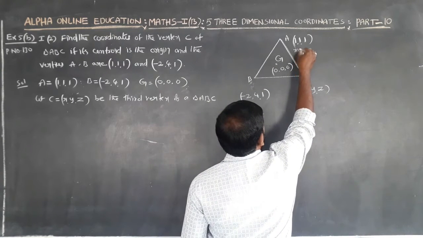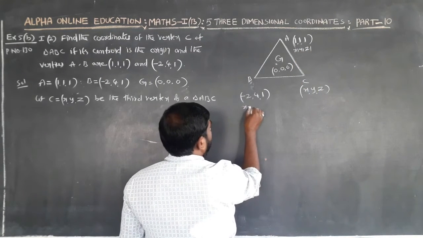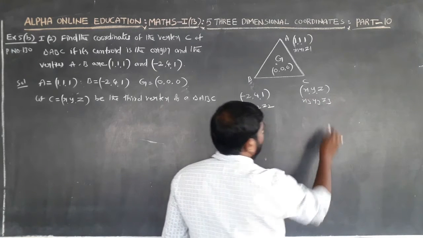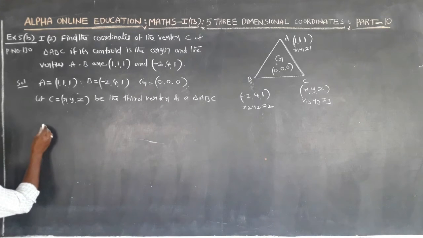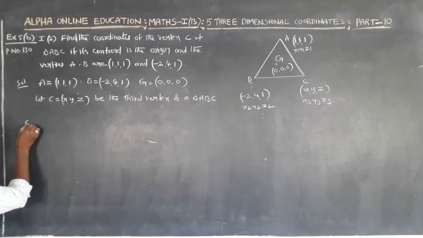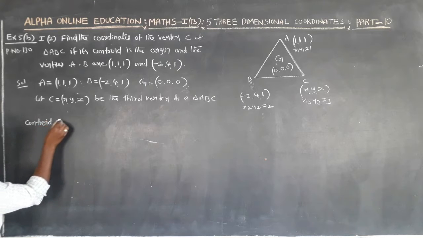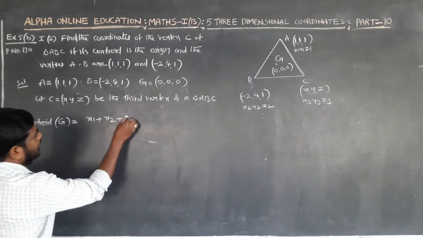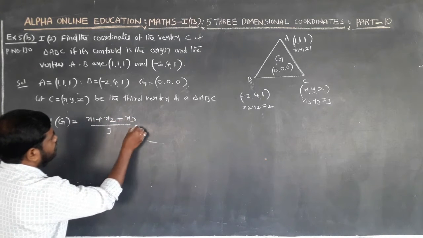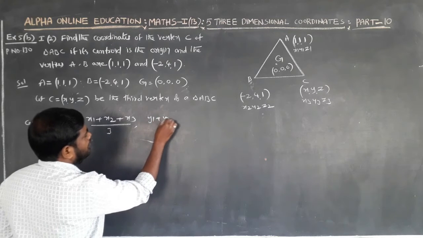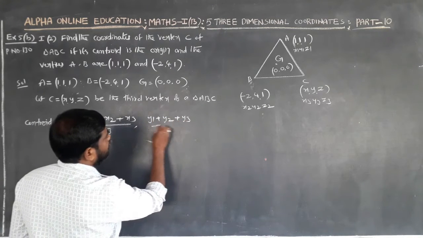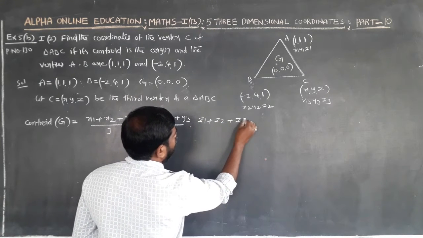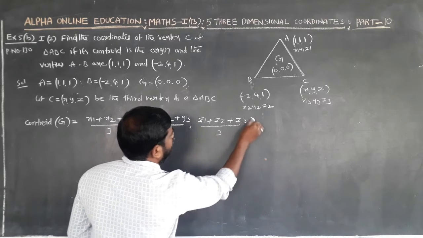Let A vertex x1 y1 z1, B vertex x2 y2 z2, C vertex x3 y3 z3. The centroid of the triangle G is equal to x1 plus x2 plus x3 by 3, y1 plus y2 plus y3 by 3, z1 plus z2 plus z3 by 3.